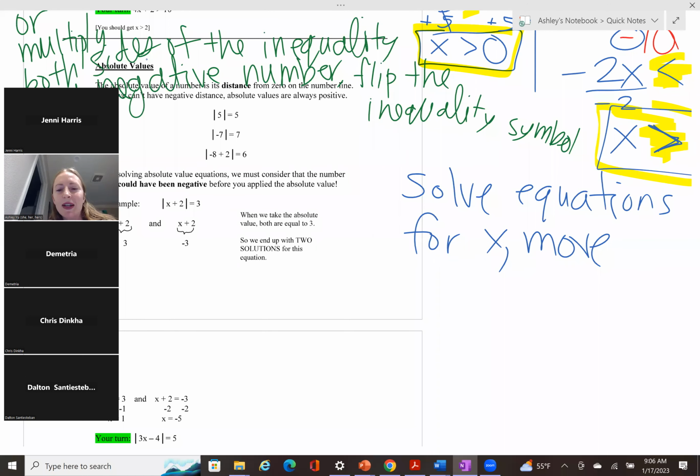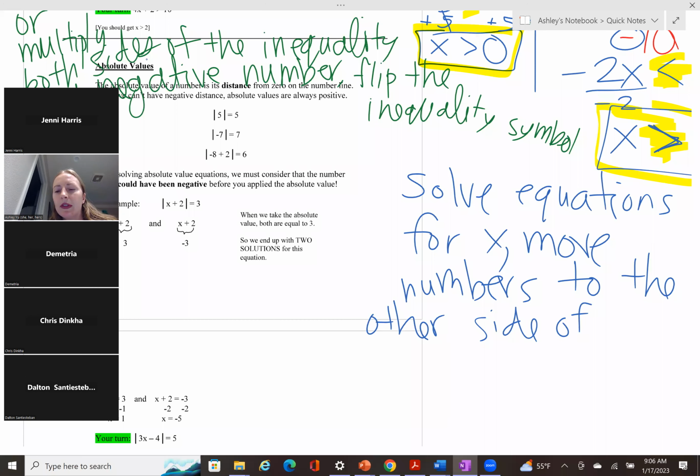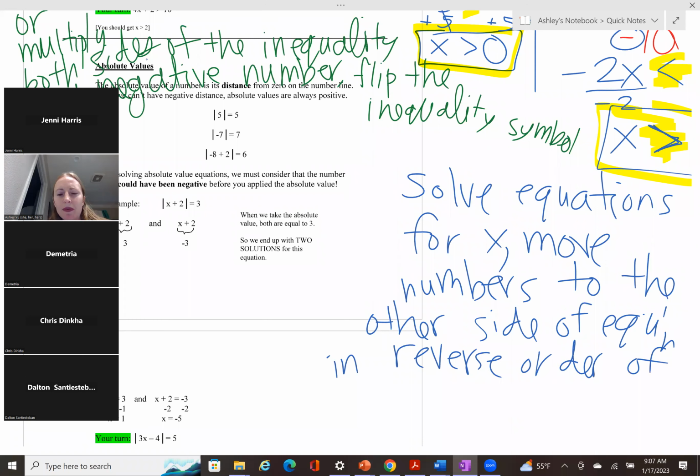Move numbers, I guess, just in general, to the other side of the equation in reverse order of operation. And I think it said that in the worksheet, or the portion of the worksheet that we actually did last Thursday. Reverse order of operation. And if you've done a lot of solving equations, it's almost like second nature.